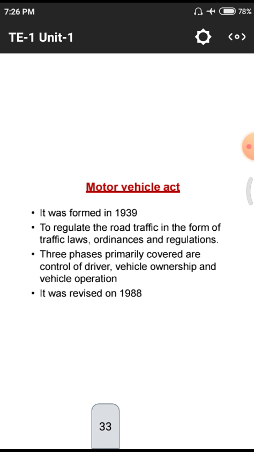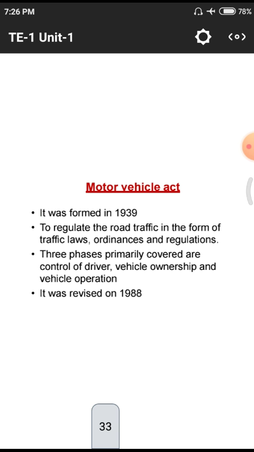So these are the three phases of the Act. The first one is control of driver, that means driving. The next one is vehicle ownership, for whom that vehicle belongs to. And the third one is vehicle operation, the engine state, the tires and other extra facilities in the buses and other motor vehicles.